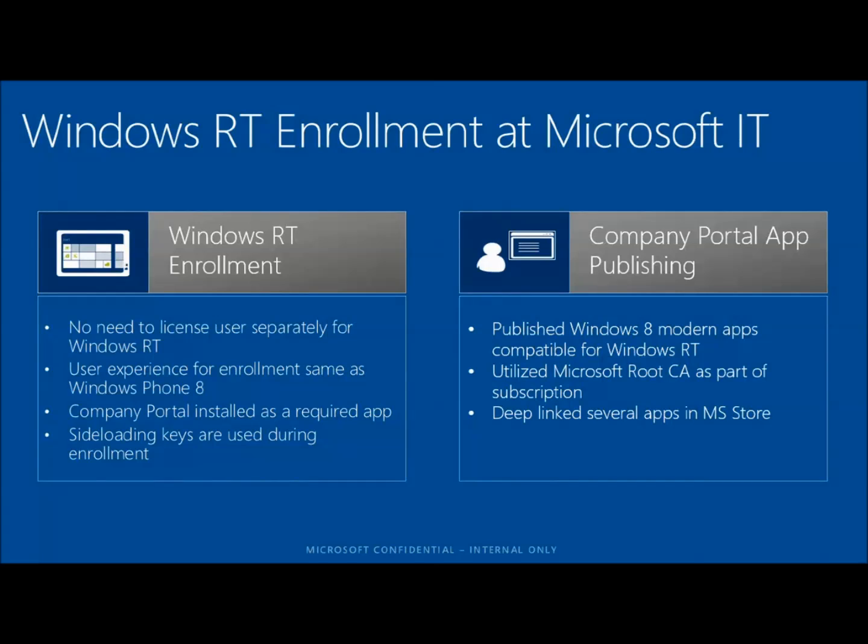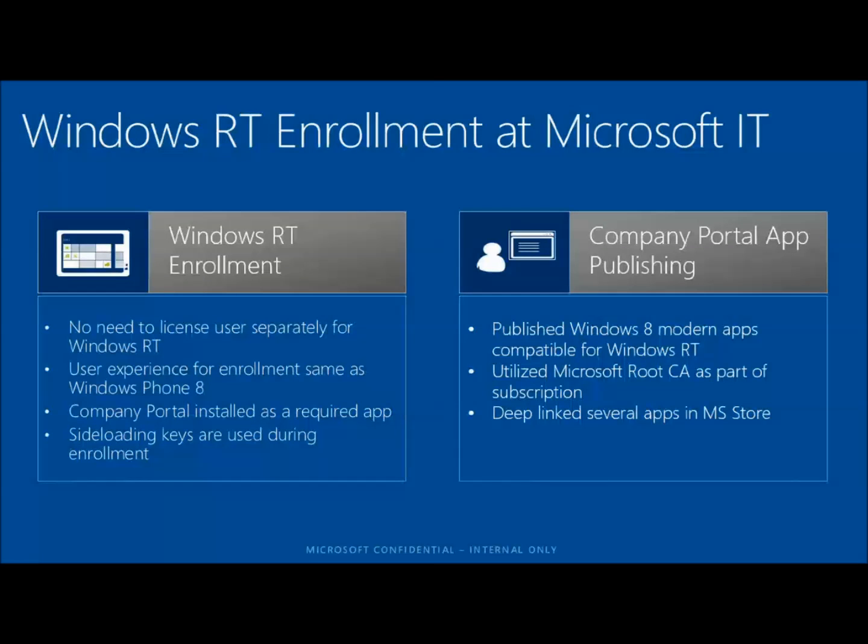Regarding the certificate, there was a challenge during the time of our pilot. If you remember, Arun punched in the code signing certificate for WinRT. For Windows Phone 8, it's a very recent certificate. For WinRT, we signed all these apps through our Microsoft root CA certificate. So we use that root CA certificate and then subscribe that in the Intune subscription page.